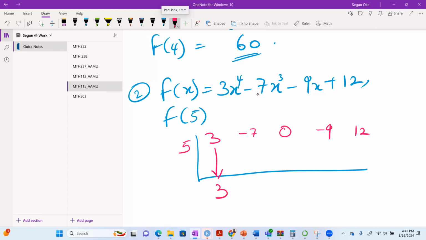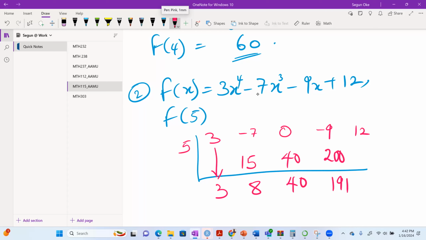The first 3 multiplied by 5 will be 15. When you add 15 plus -7, you have 8. 8 multiplied by 5, you have 40. If you add 40 plus 0, you still have 40. 40 multiplied by 5, you have 200. When you add the two together, you have 191.